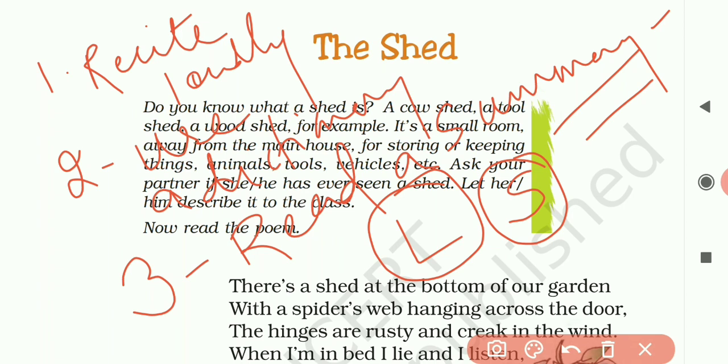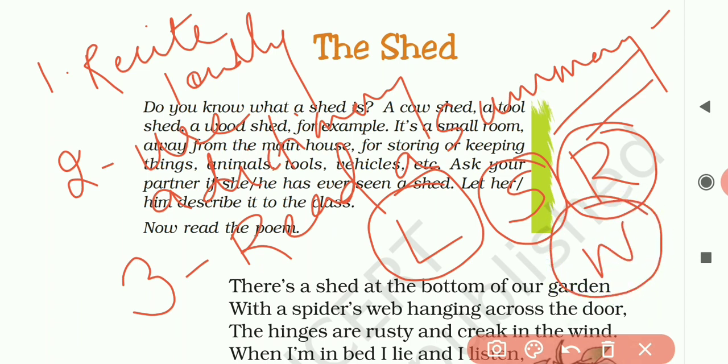And the more you learn to speak, the better will be your reading, because you will get more vocabulary. And finally, if you become a good reader, then definitely your writing will automatically improve. I hope so. These are the 4 skills in English, LSRW.